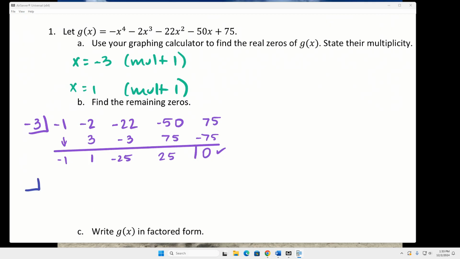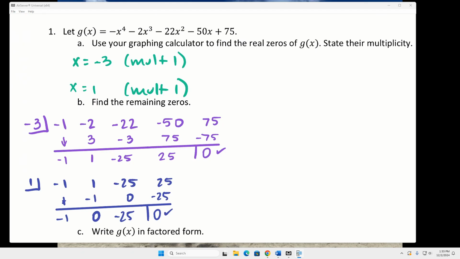All right, and then we got a remainder of 0, so that's a good sign. Then we'll do synthetic division with 1, and then these new numbers. All right, and we get a remainder of 0 again.